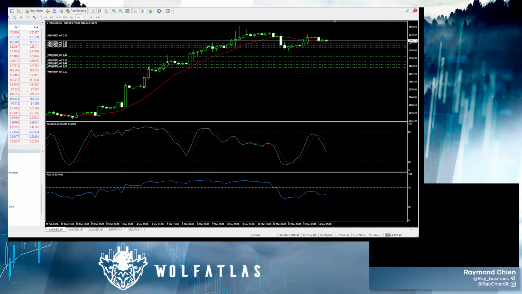First things first, I like my charts cleared, so I will remove that grid. Then I'm going to slide my bands in. Once you set a band, go into the input section. The bands are going to be preset to a value of 20.